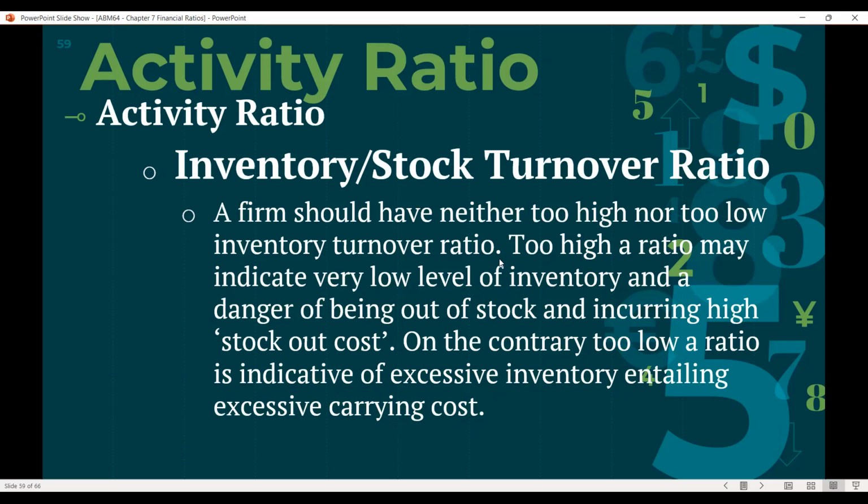Again, kung taas ang ratio, that means gamay ra kaayo ang imuhang stock. Basin ma-out of stock ka, mura kag makulangan sa imuhang supplies. So with that, sayang, daghan kag opportunity cost. You'll have high stock out cost.